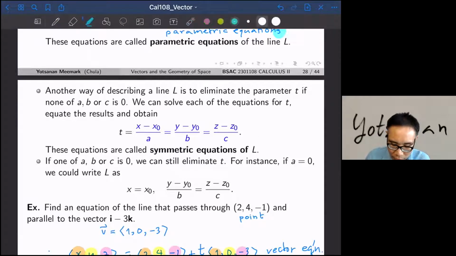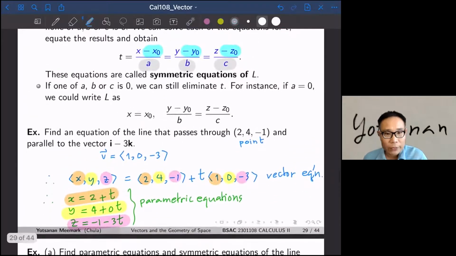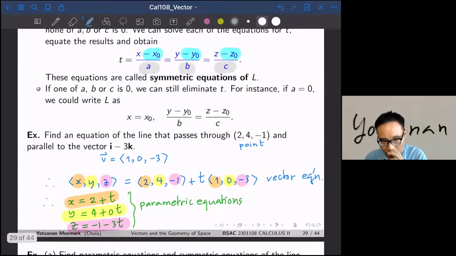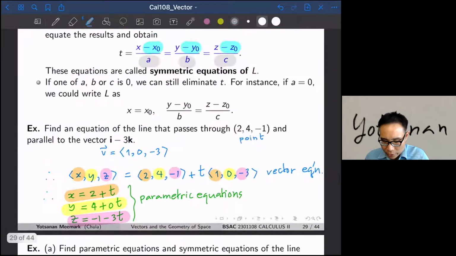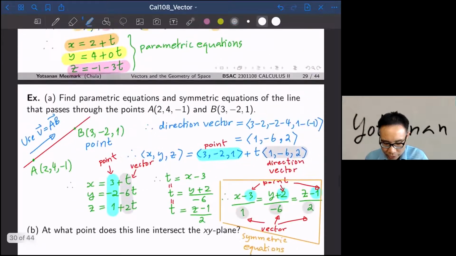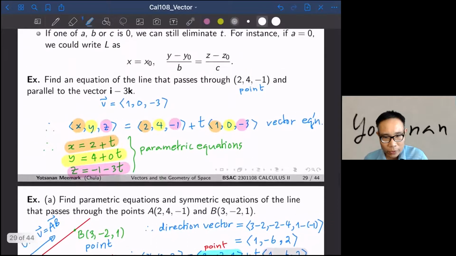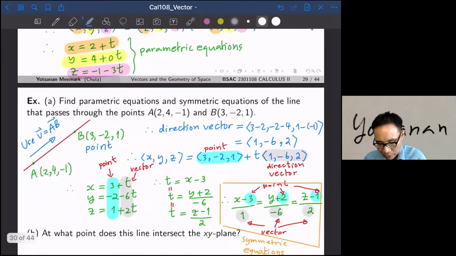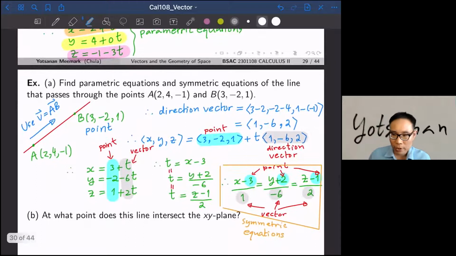The symmetric equation uses the point x0, y0, z0 next to x, y, and z, and you use the vector under x, under y, and under z respectively. However, you're going to have one problem when you write down the symmetric equation, which is that it turns out to be strange if you have a bottom equal to 0. I'm going to pause here a little bit for you to copy this down.